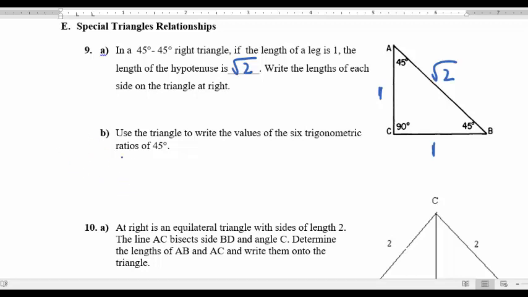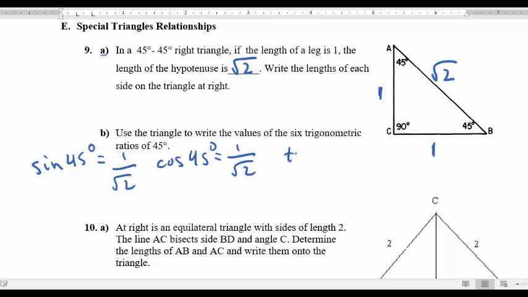You know what all the trig ratios of 45 are, right? So the sine of 45 is opposite over hypotenuse, so it's 1 over the square root of 2. The cosine of 45 degrees is the same. It's 1 over the square root of 2. The tangent of 45 degrees is opposite over adjacent, but they're both 1.